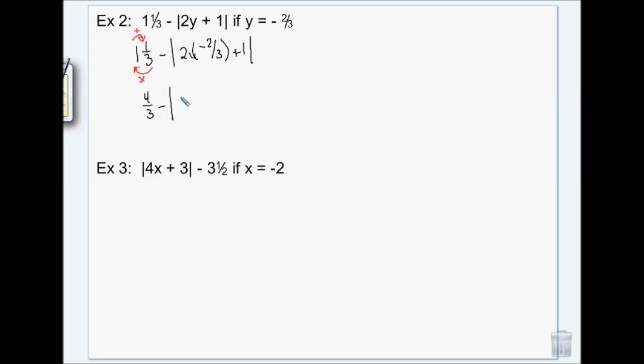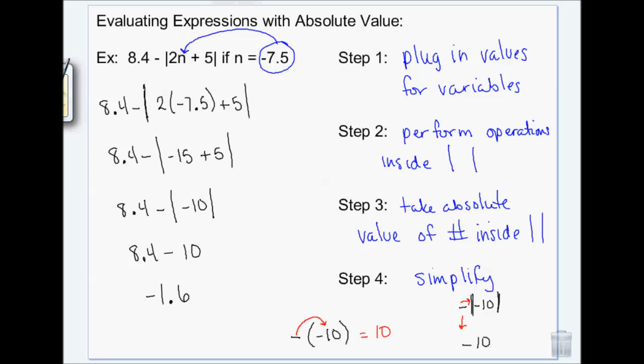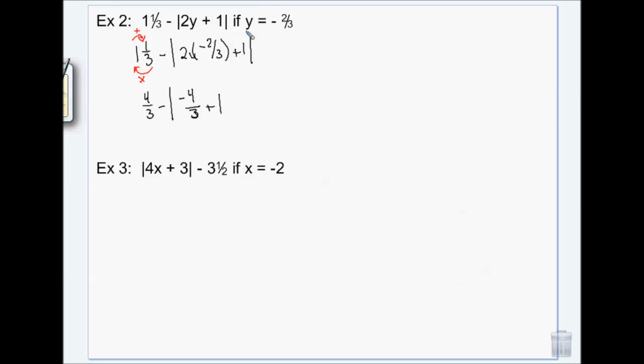2 times negative 2/3 is negative 4/3. Plus 1. Well, I'm going to change that 1 also. If I want to turn a whole number into a fraction, I pick my denominator. Well, I'm going to pick thirds because we're in thirds, right? And I multiply that number times whatever denominator I picked. 1 times 3 is 3, so it's 3/3.